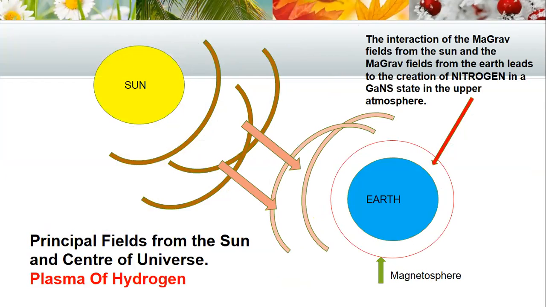The principal field from the sun in the center of the universe is the plasma of hydrogen, and from that hydrogen creates everything that we need. With relation to the earth, because of Earth's position to the sun, this leads to the creation of the nitrogen GANS in the outer atmosphere of Earth.